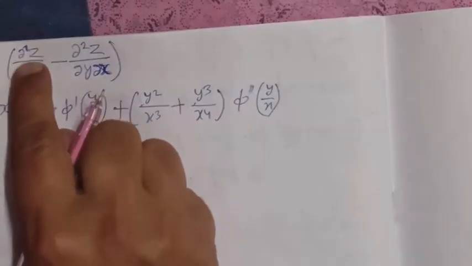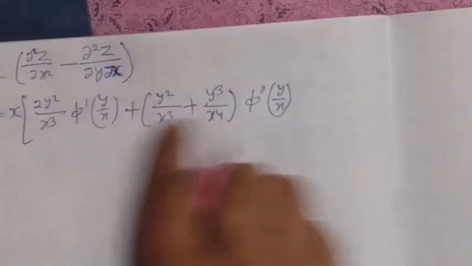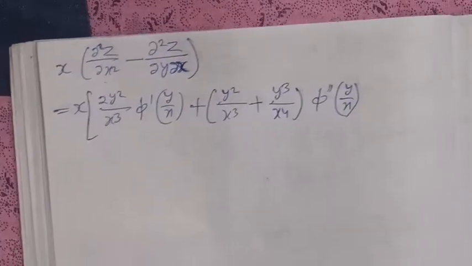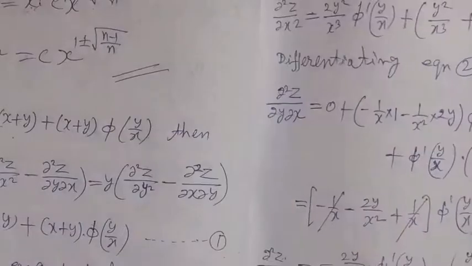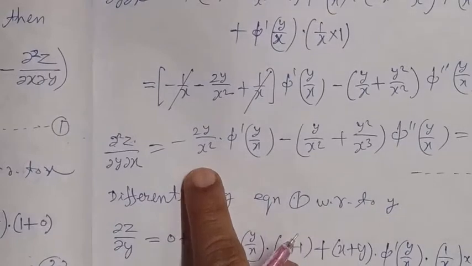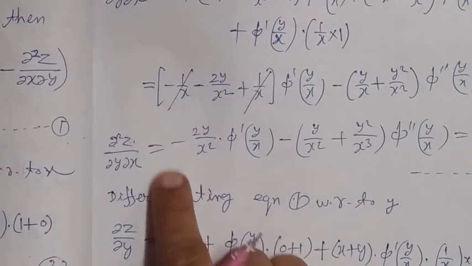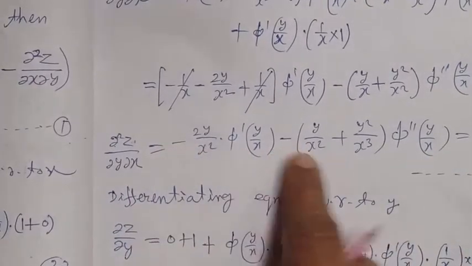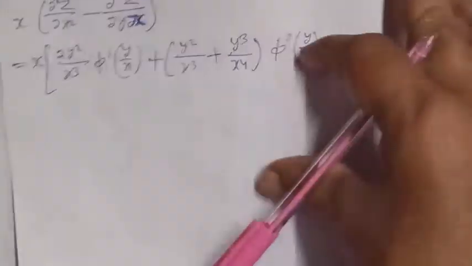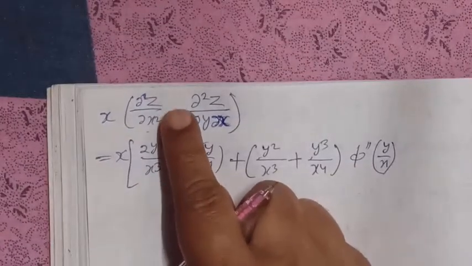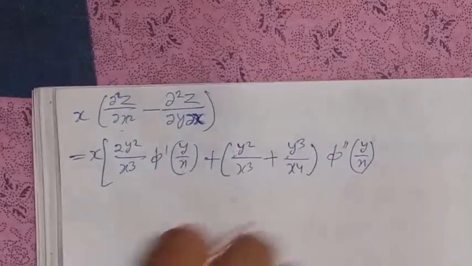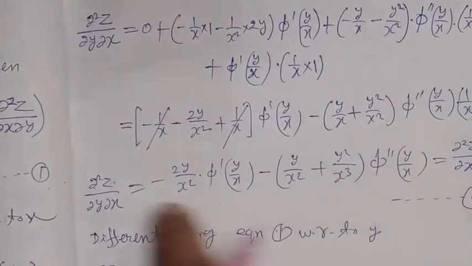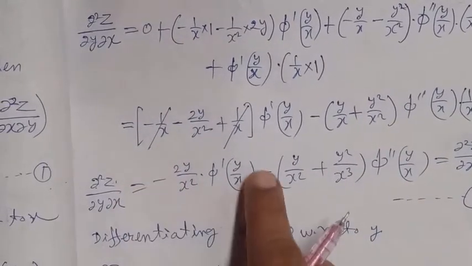And after writing this value from equation number 3, we have to write this value from equation number 4. So I write this value, but here we are seeing that this sign is negative. On opening the square bracket, the minus sign converts the negative signs to positive.